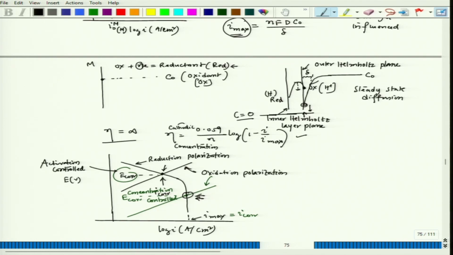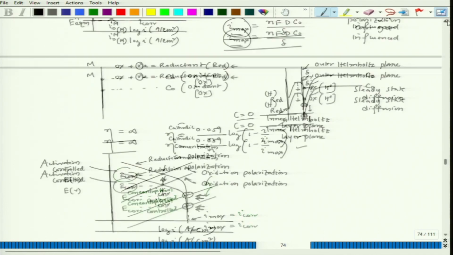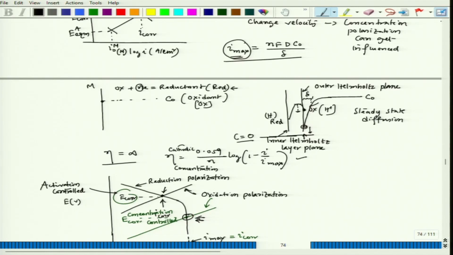Now, if we change the velocity, what could have changed? I know that this is my relation, which is I max. If velocity is increased, then delta could be reduced. Why could delta be reduced?